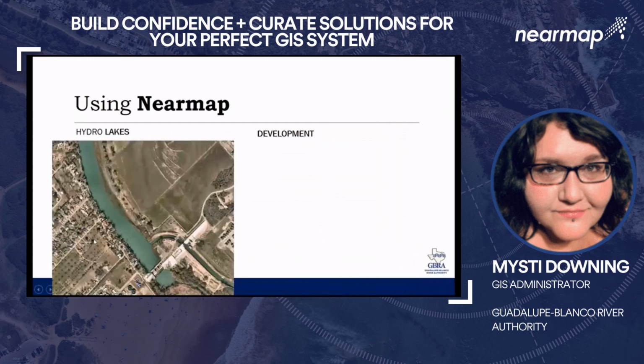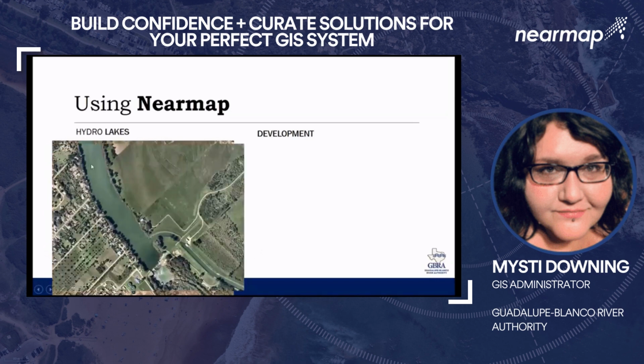Some other examples, George mentioned the historical data, which has been really valuable for us too. Different questions will come up. We had some gate failures in our hydro dams that really changed the situation of our lakes. And so that first image was a more recent image of the river, and this is how it was historically.